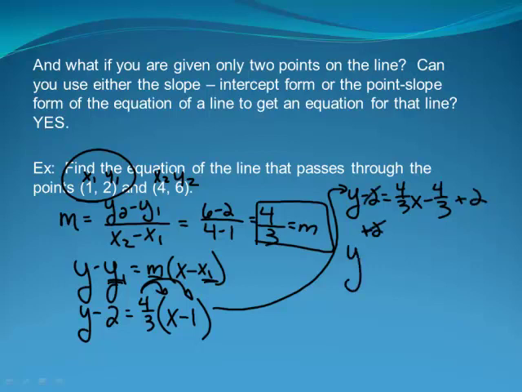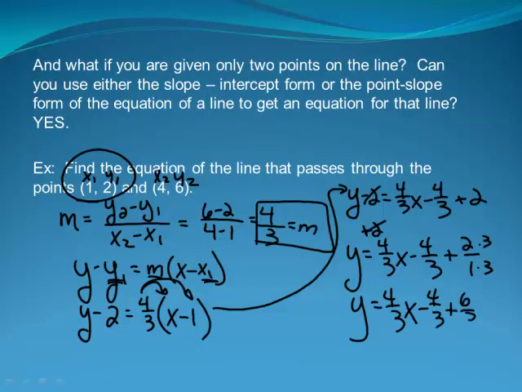And I've got y equals 4/3 x minus 4/3 plus, I'm going to make that 2 into a fraction because I know to combine it with the minus 4/3, I need a common denominator. So the common denominator there will be 3. So now I have y equals 4/3 x minus 4/3 plus 6/3.